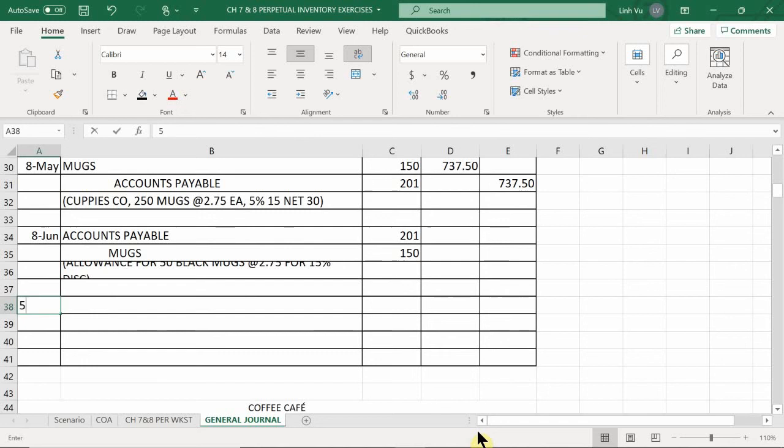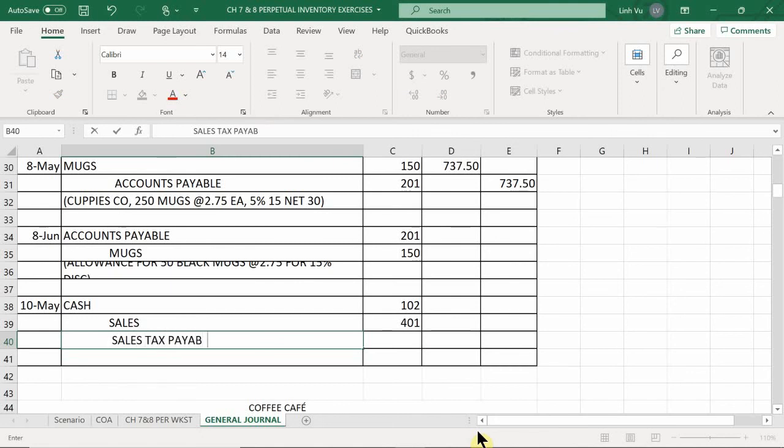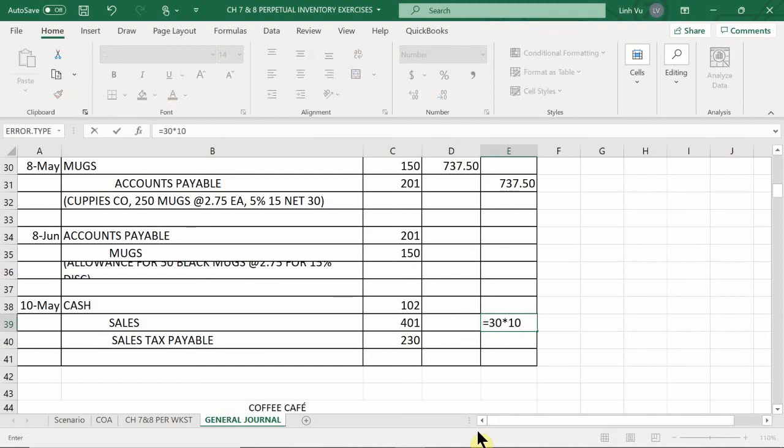So again, this is now May 10. We sold 30 mugs at $10 each for cash. So obviously, you're going to be receiving cash. And obviously, this is a sale, and we're going to get charged sales tax. So if we sold 30 mugs at $10 each, how much is my total sales? 300.